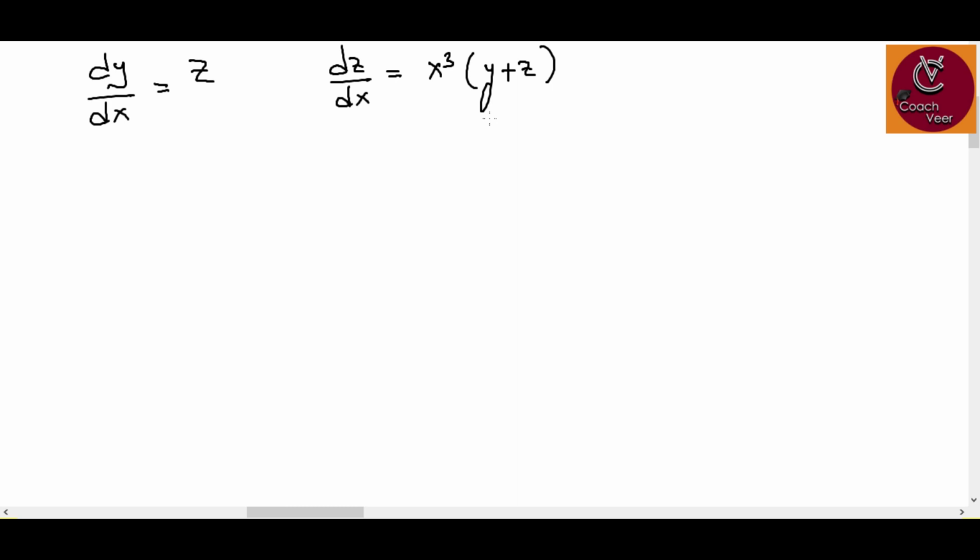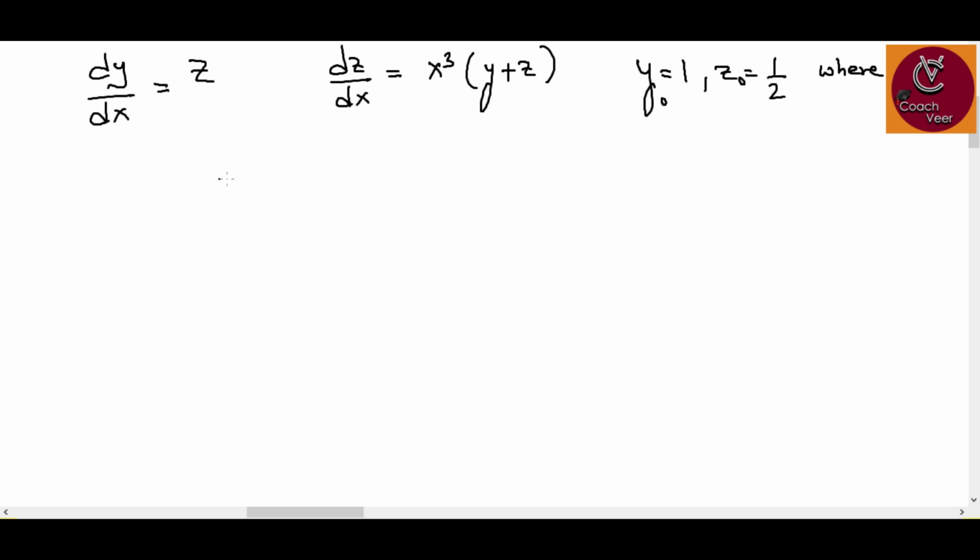So try them with me in this video with your pen and paper, of course. Initial conditions are very much required in this. Suppose we have the initial conditions y naught equals 1 and z naught equals 1 by 2, where x is 0.